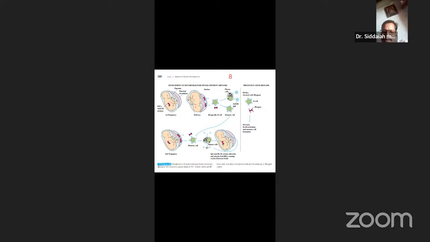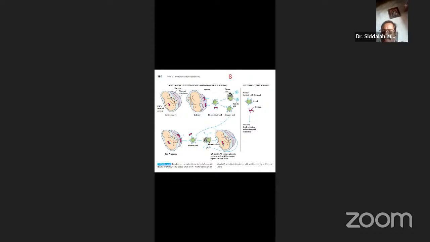When the placenta is disturbed or destroyed during delivery, fetal blood enters the mother's circulatory system, and specific antibodies against the first baby's blood are produced in the mother's system.